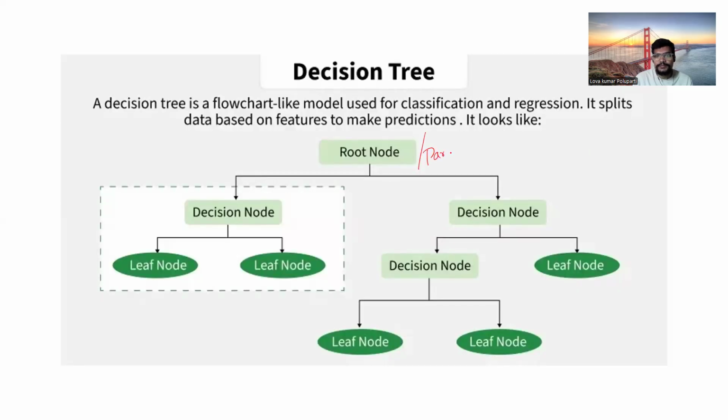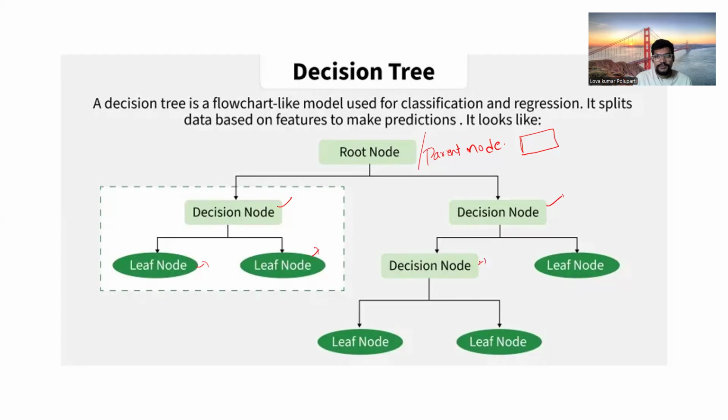It means first you will take the complete data, whatever the data, CSV or Excel, you will take it here. After that, you will make the division, taking some feature into importance, and this is the decision node. The endpoint is the leaf node.